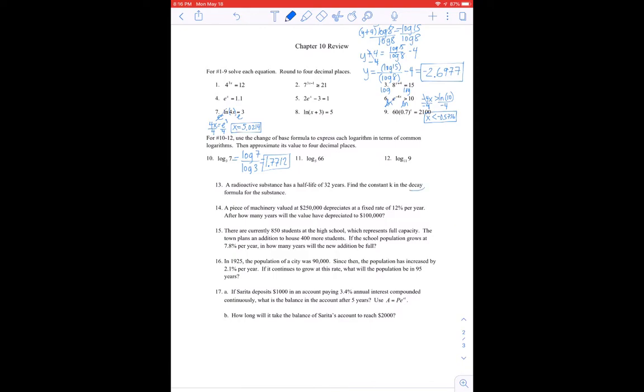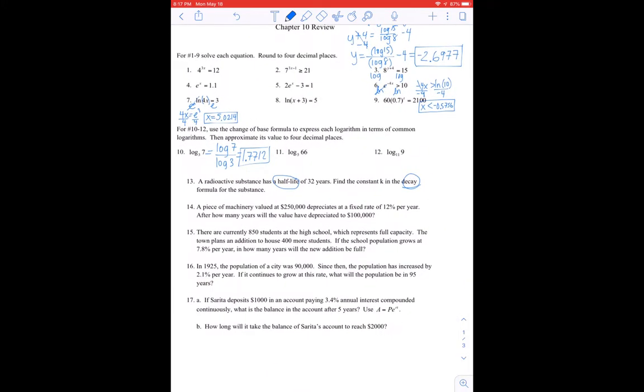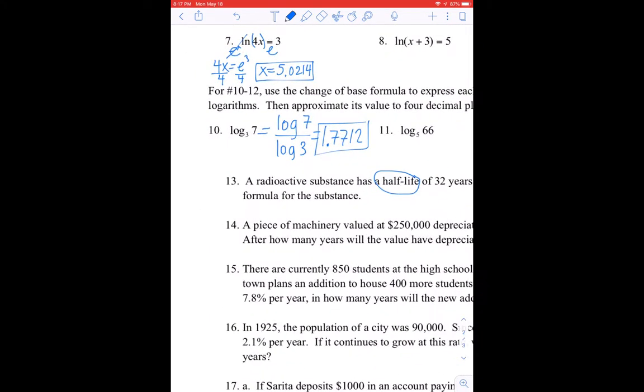In this case, we see the word decay, so we know it's going to be one of the 2 decreasing, and since there's no percentage given or no percentage asked for, it's actually half-life, we know we are going to use, let's see, there's not a lot of room. I'm going to go over here.